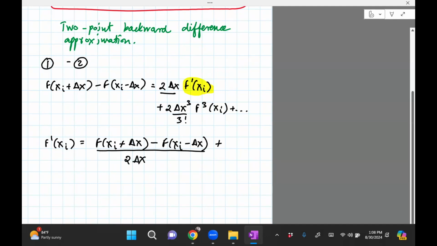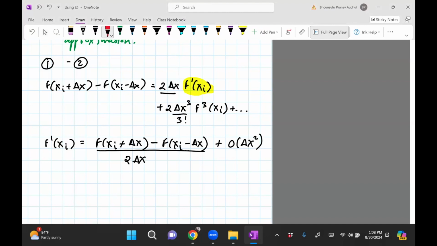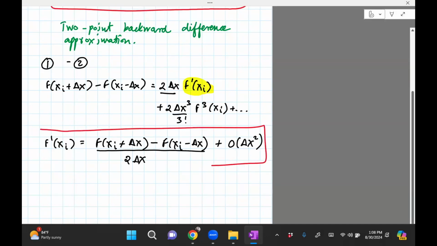And then I'm not really interested in this term. I'm just going to ignore it. I'm going to assume that's small. But when I divide it by delta x, I get something which is of the order of delta x squared. So this is order delta x squared. Yes, so that is my formula for central difference.